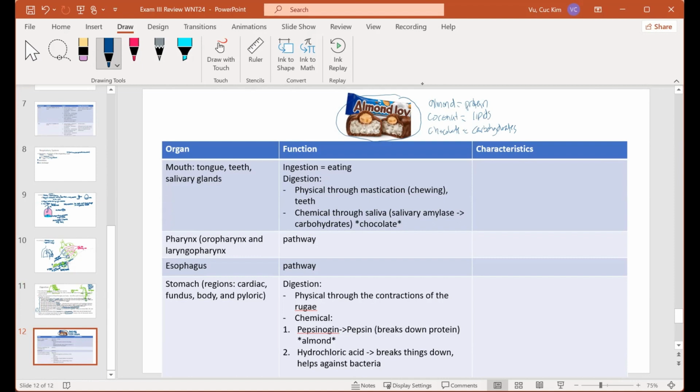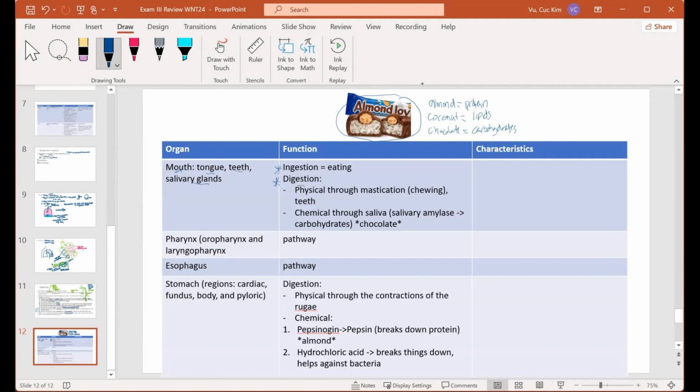Okay. So at the mouth, due to the tongue, the teeth, and the salivary glands, this is where ingestion happens. And that's followed by digestion. Now, in the mouth, two forms of digestion happen.